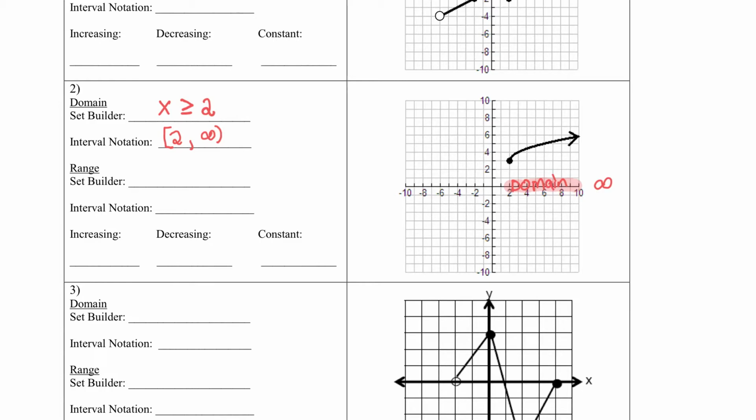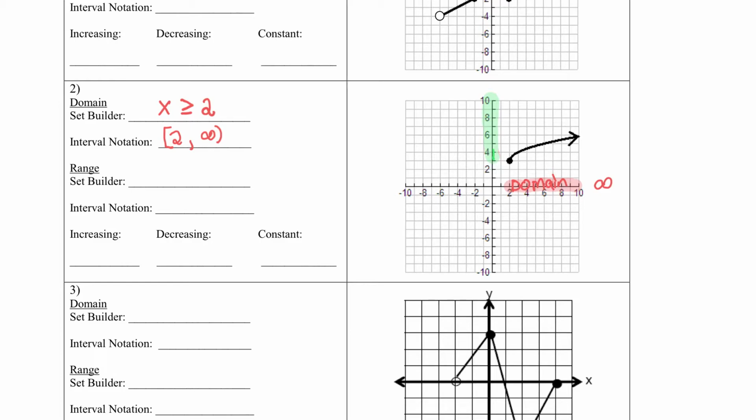Now for the range, we're dealing with the set of y values for this function. So we look at the graph. We notice that it does go up 3 units, and we know that it starts here at y equals 3. And we notice that it keeps on increasing, and the question is, will it ever stop?